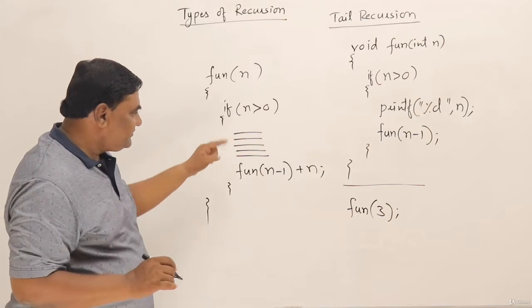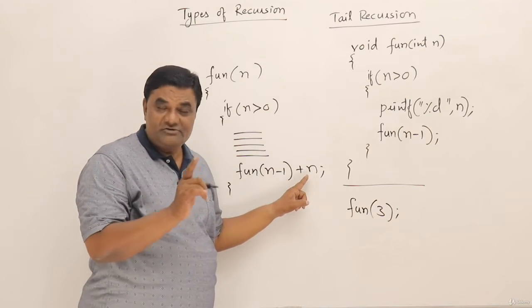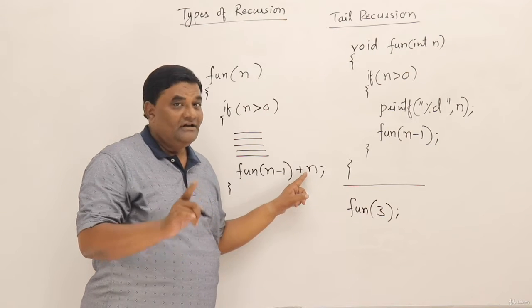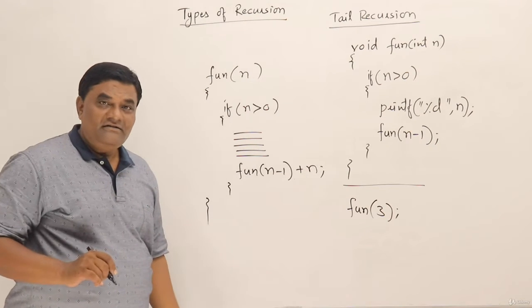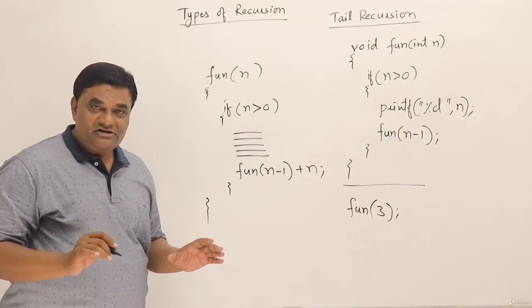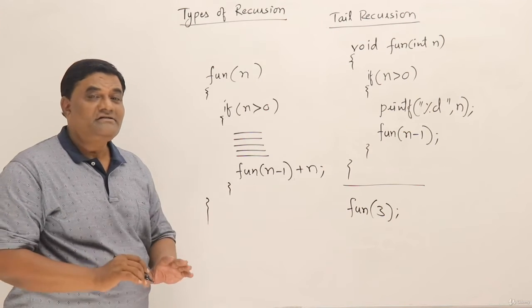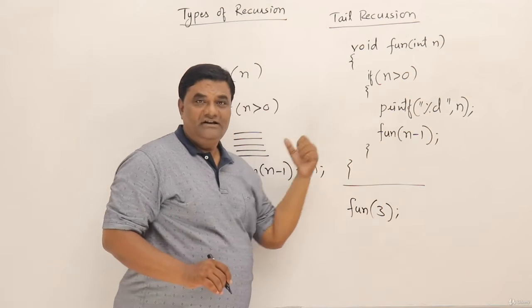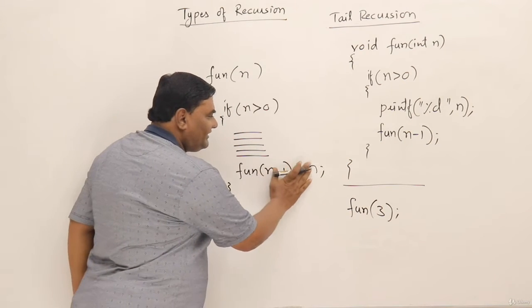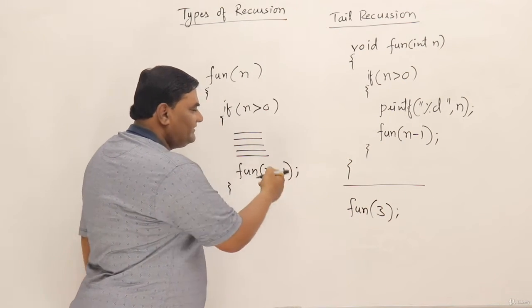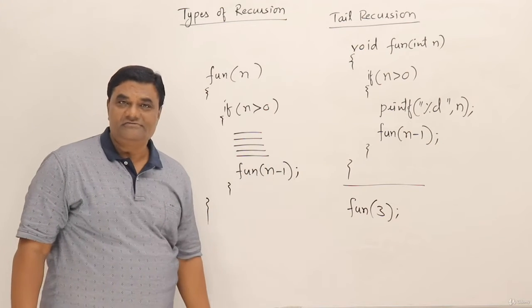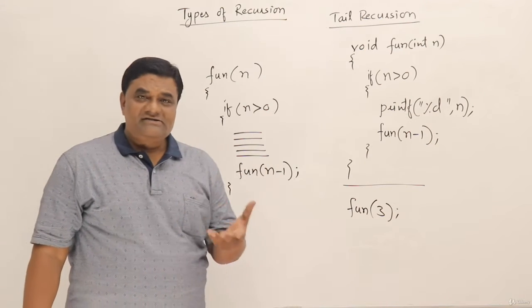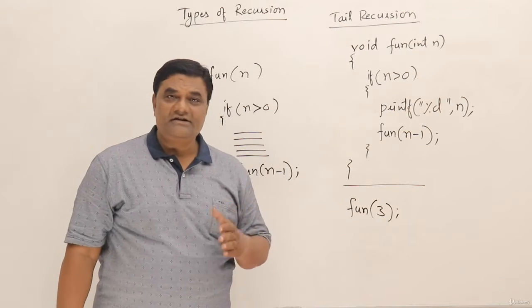So in this function there is something remaining that has to be performed at returning time, so it cannot be a tail recursion. Tail recursion means at returning time it doesn't have to perform anything at all. So this is a perfect example of tail recursion, or else if I remove any processing here, then it is a tail recursion. Next I will compare tail recursion with loops.